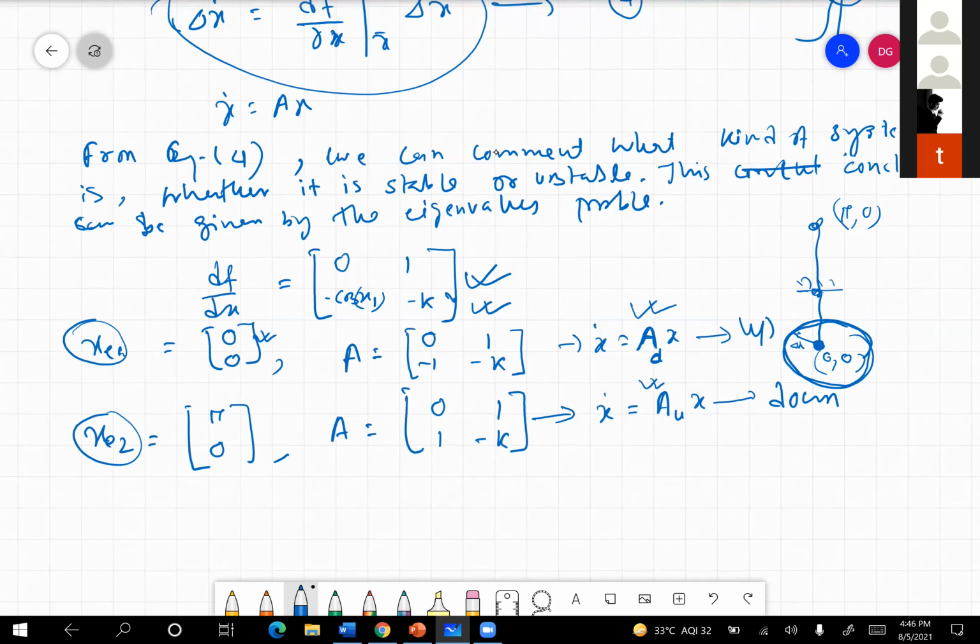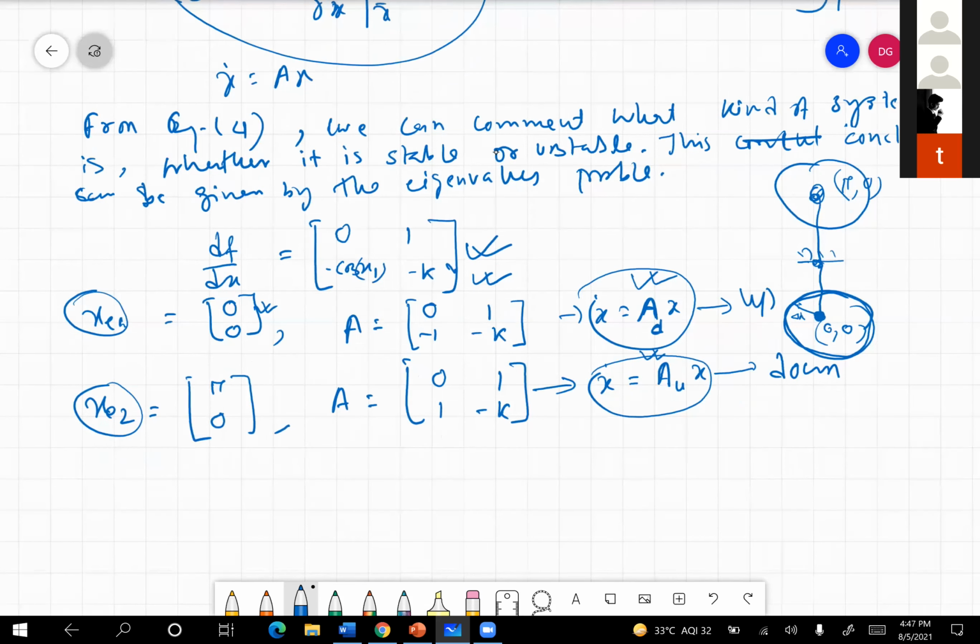So at this point, my system is given by this. Because we have two equilibrium points, we'll have two regions, defined by the Taylor series expansion. Okay, so this is the two systems at vertically up and vertically down.